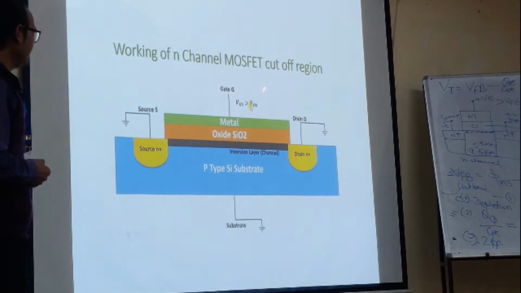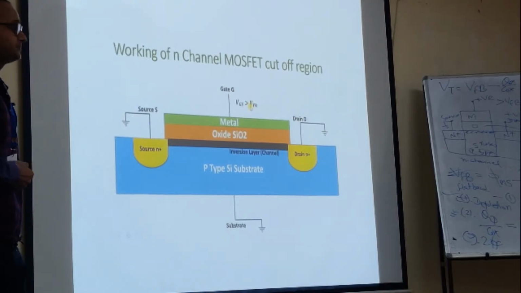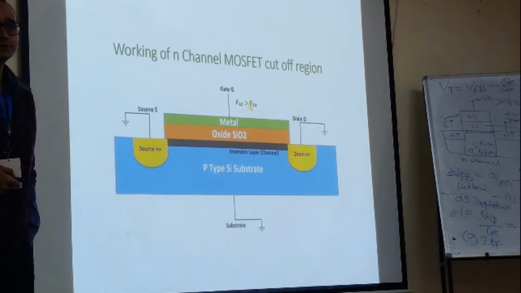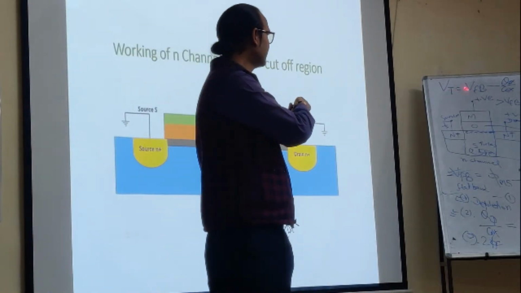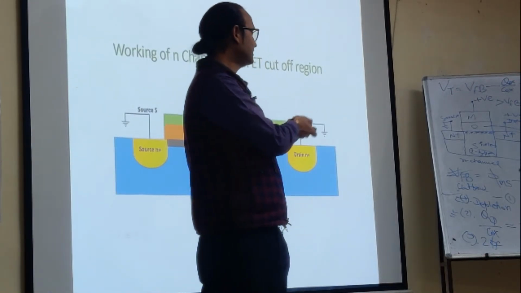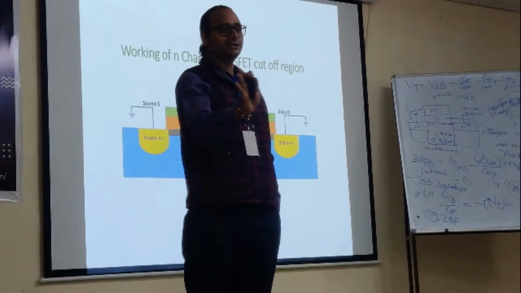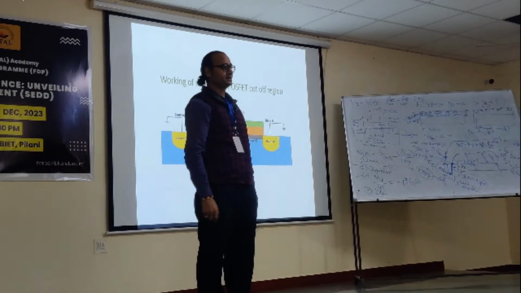Now, what will happen under this situation? It is grounded, grounded, grounded: source, drain, substrate. Now the gate voltage is more than threshold voltage. What will happen? Just like whatever we have discussed so far, strong inversion is there, the channel is there. It is ready to conduct.